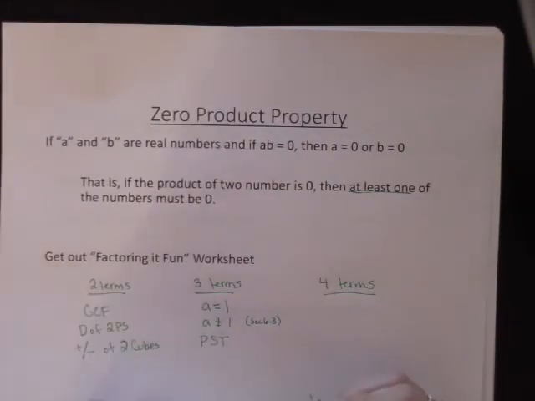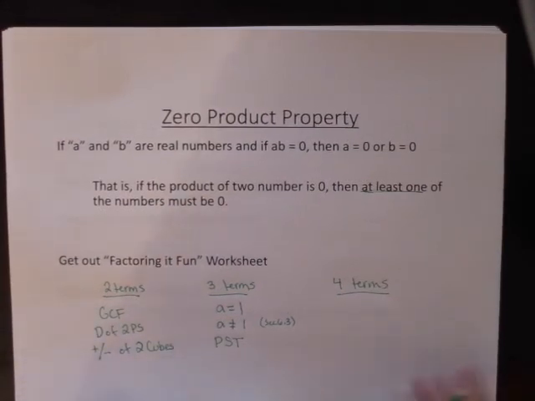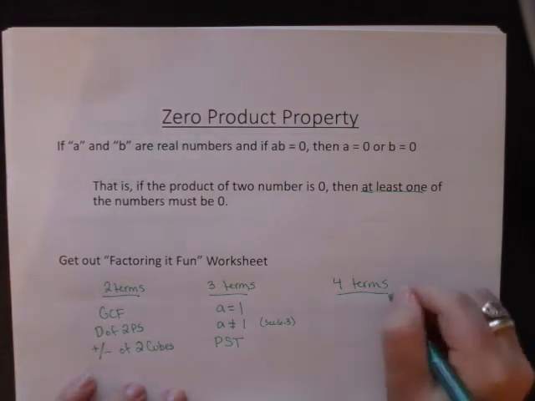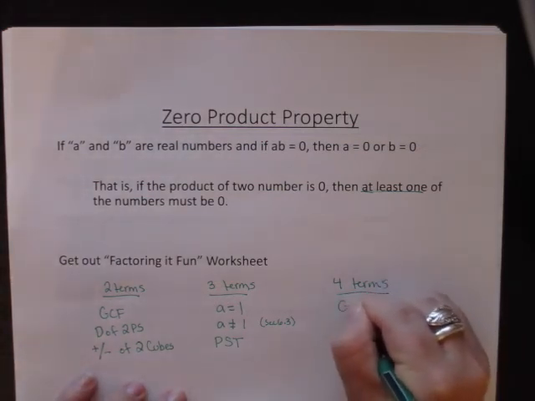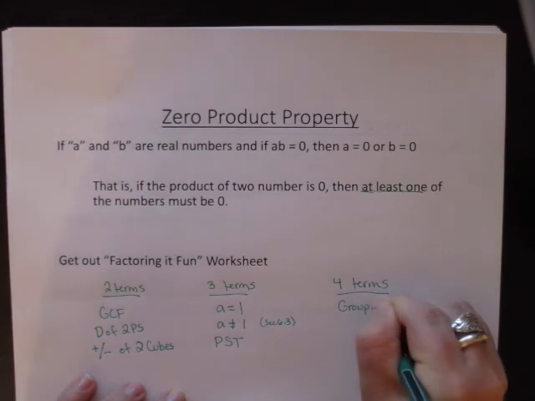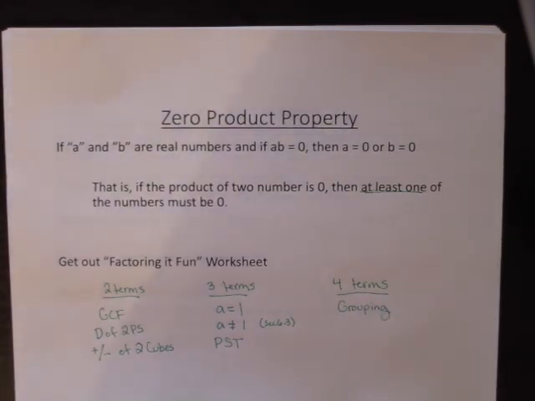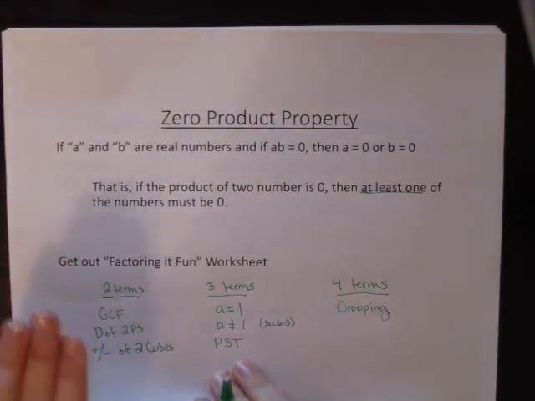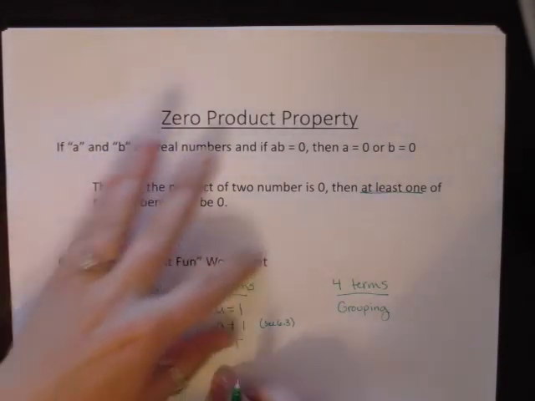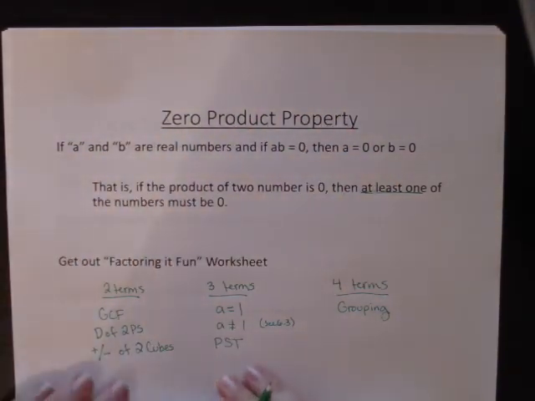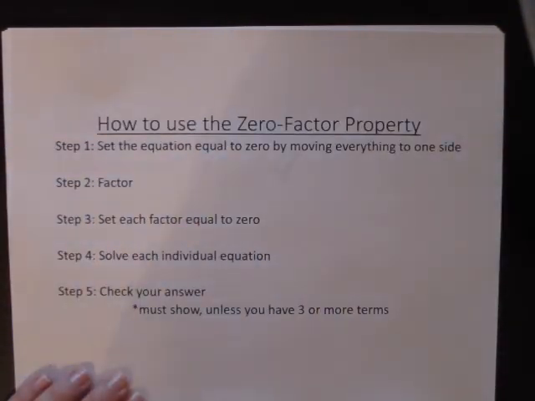Perfect square trinomials have 3 terms, the middle term is going to be even, and the first and the last term are going to be perfect squares. Now if you have 4 terms, the only option that you have is factor by grouping. We'll practice most of these today. So the zero product property: have this Factoring is Fun worksheet out, but this is kind of a synopsis of what that worksheet looks like. Now the important part is the steps.